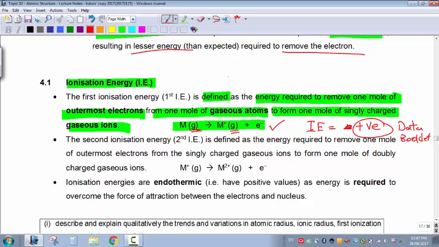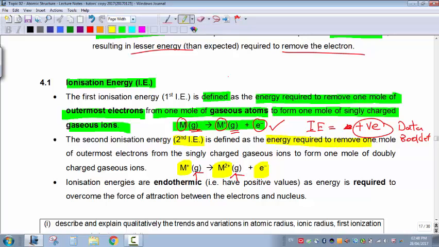M(g) gives you M+(g) and 1 electron. Similarly, for the definition of second IE, M+(g) also gives you M2+(g), also gas. How do you define that?